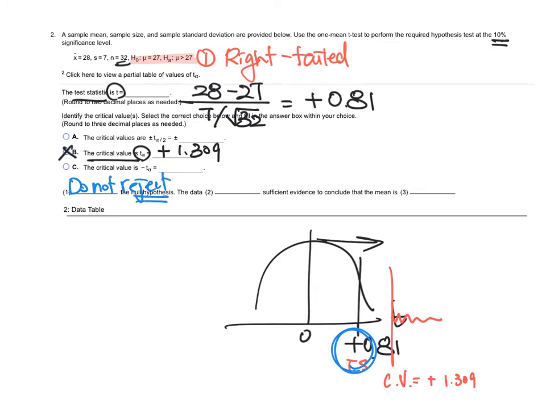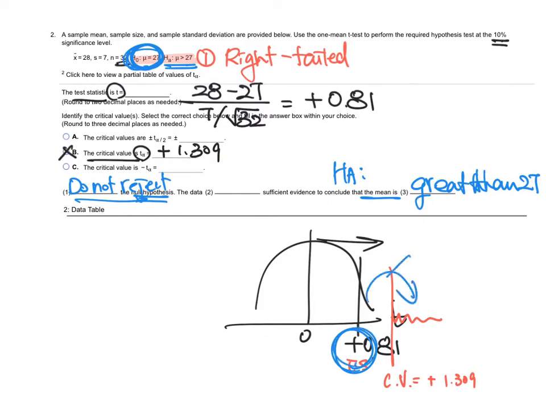And I told you we can make the conclusion based on the alternative hypothesis, which is the mean is greater than 27. But now we do not reject the null hypothesis because the test statistic is not in the right tail.